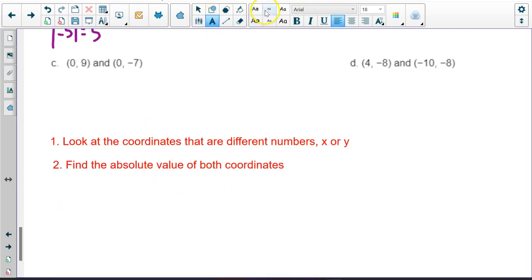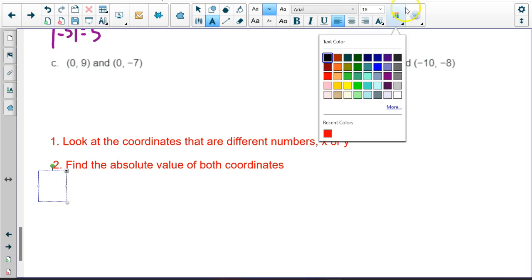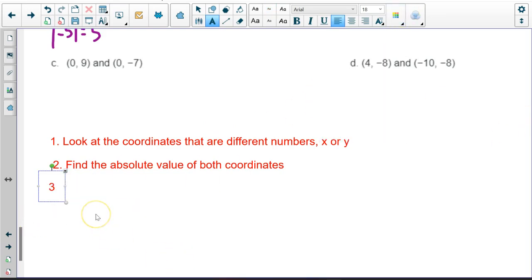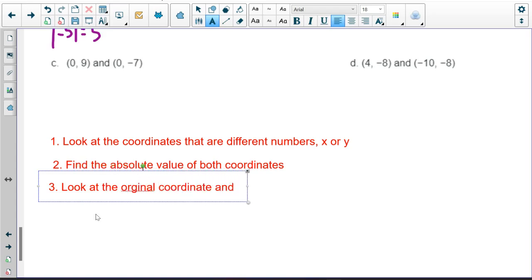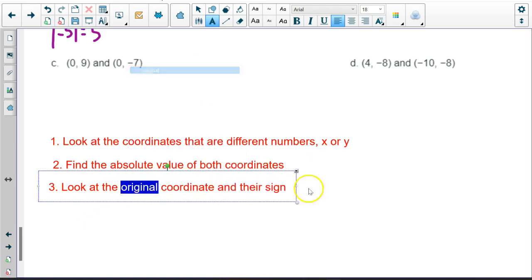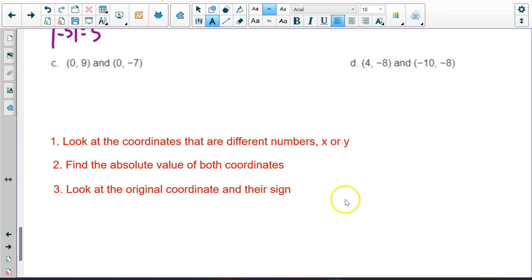And lastly, we're going to do step 3. So step 3 is look at the original coordinate and their sign.